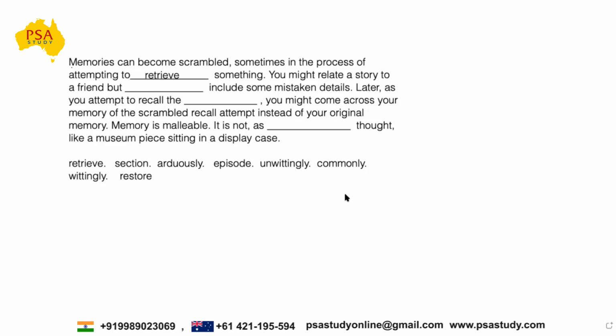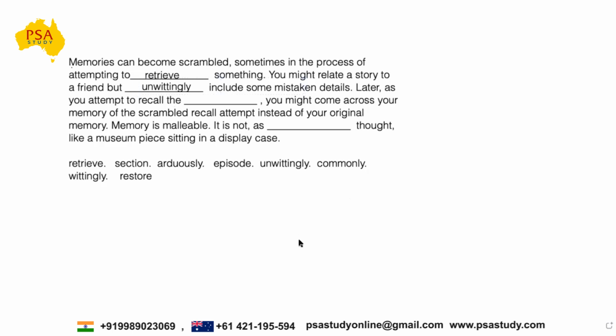Later, as you attempt to recall the dash, you might come across your memory of scrambled recall attempts instead of the original memory. So basically, we are trying something and we missed maybe something unknowingly. And this unwittingly is a synonym to unknowingly. So unwittingly will come over here.